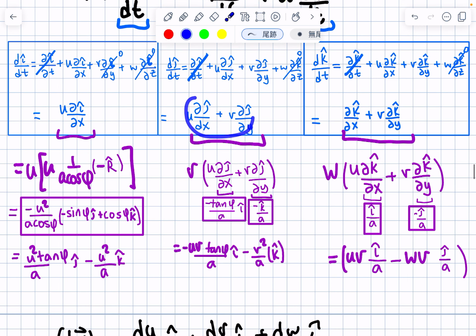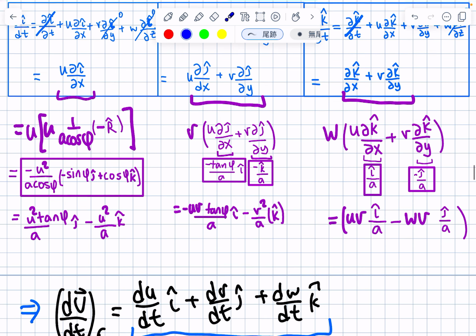For this term, we have that partial j partial x is negative tangent phi over a, or tangent phi over a in the negative i direction. And partial j partial y is 1 over a in the negative k hat direction. So we write it like negative tangent phi over a i minus k over a.